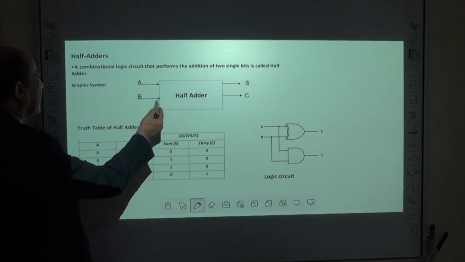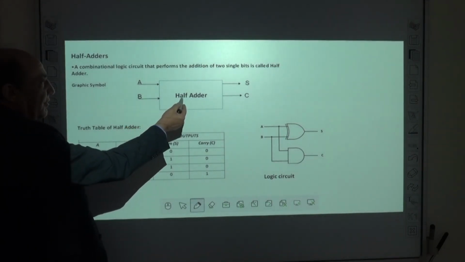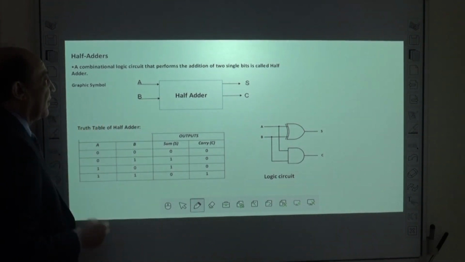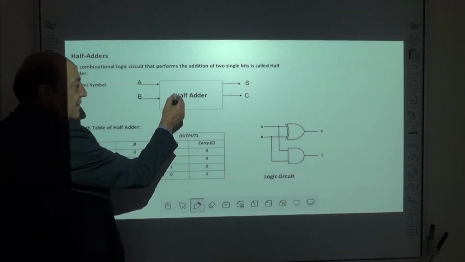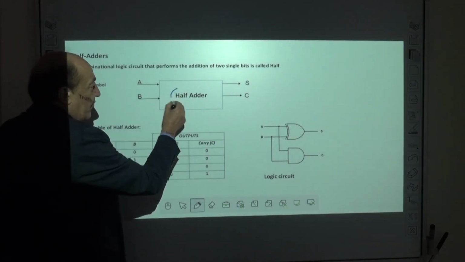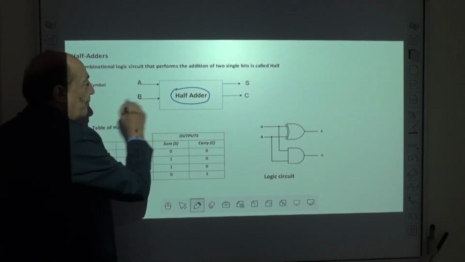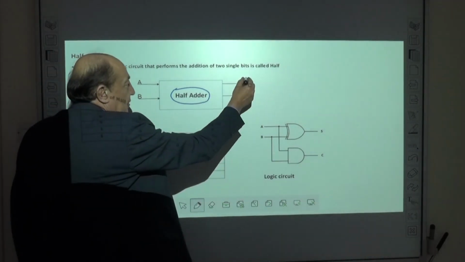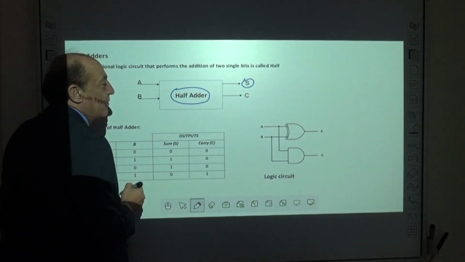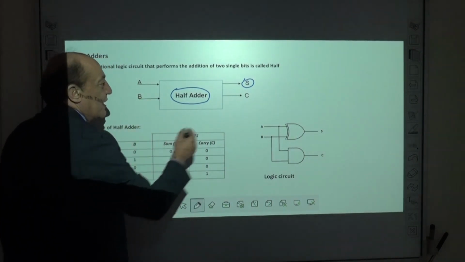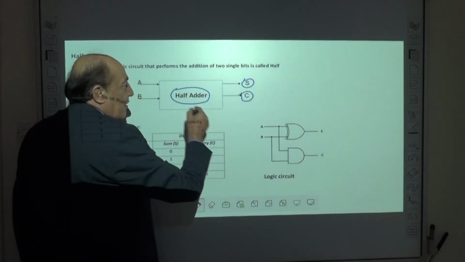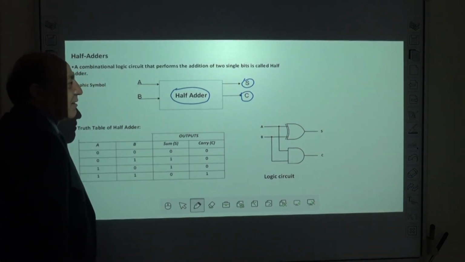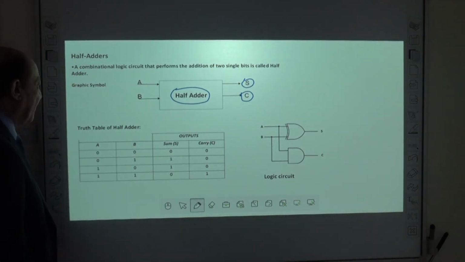The general block diagram or graphic symbol is like that. Half adder has 2 inputs and 2 outputs. The first output is sum, which sums the 2 inputs, and carry, if there is a carry when summing these 2 inputs.